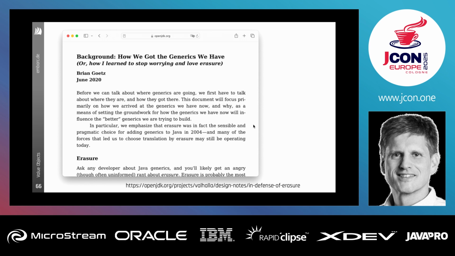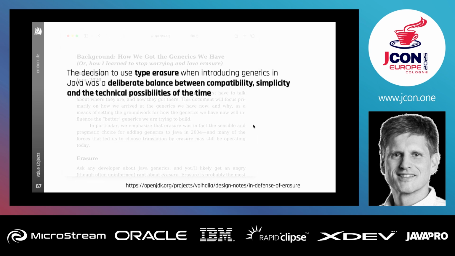But we have some difficulties, some problems with generics all the time, especially because of so-called type erasure. And type erasure was a deliberate decision they took because of a balance between compatibility, simplicity, and the technical possibilities they had at that time, 20 years ago.